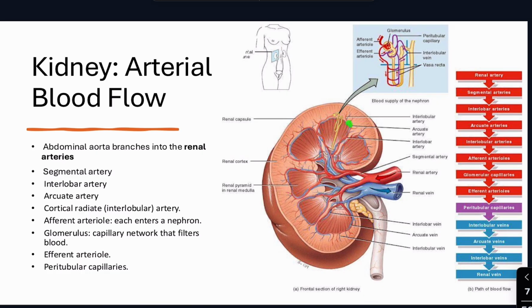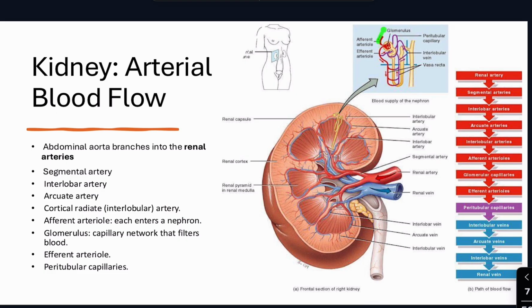Arcuate arteries we're going to see kind of projecting up here into our cortex. Those arcuate arteries will become what are called interlobular arteries, which are going to be proceeding directly up into the cortex, right? Even further, those interlobular arteries will then become afferent arterioles, right?